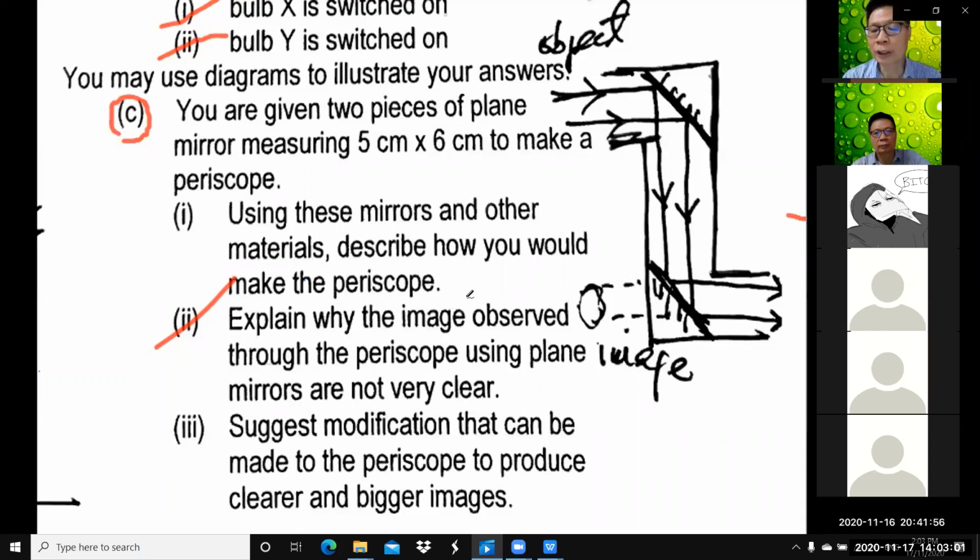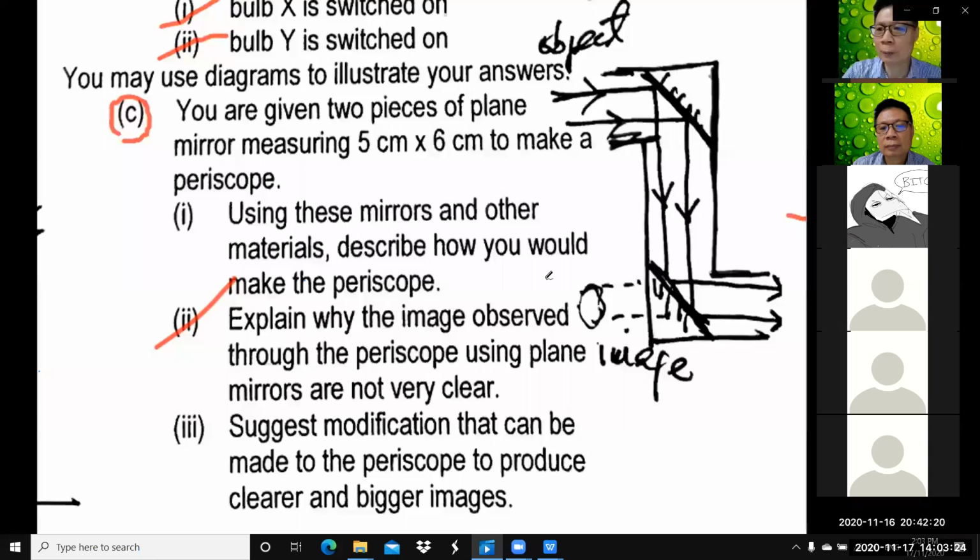You know why there are multiple images, right? Last lesson, I think I explained to you. Multiple images is because a mirror can reflect light from all directions. So there are a lot of images that can form here.